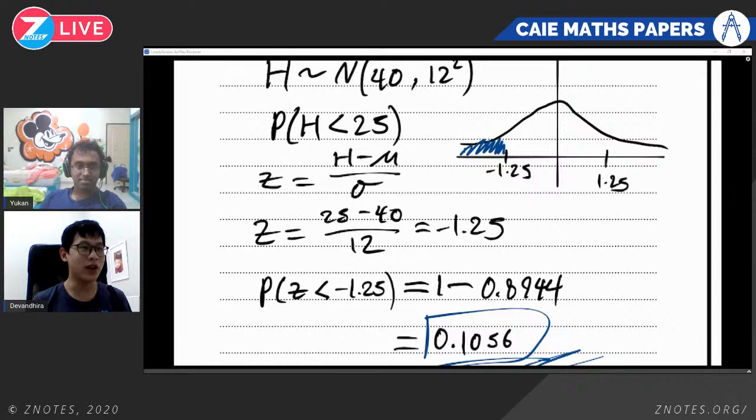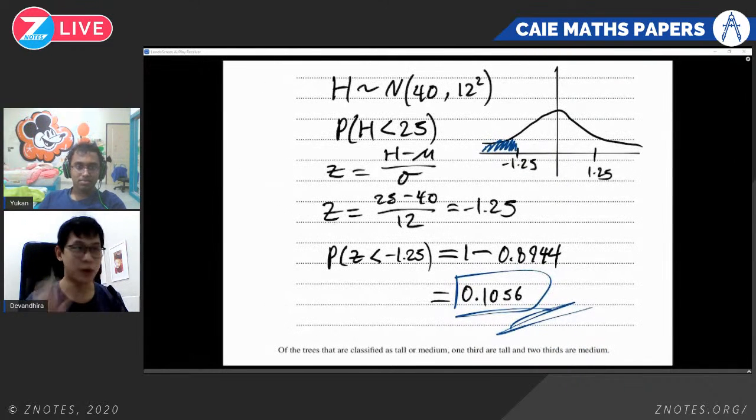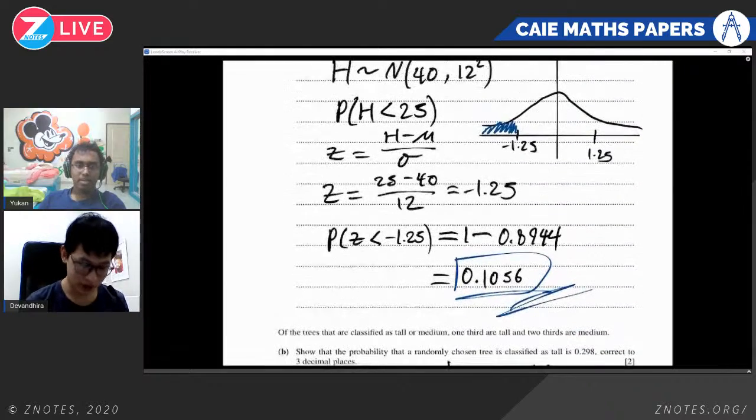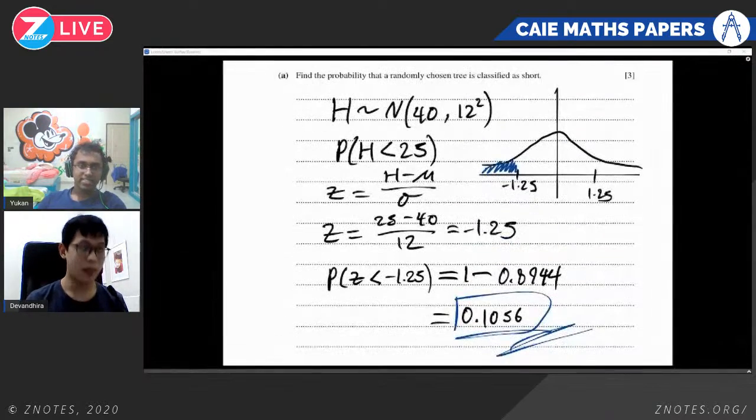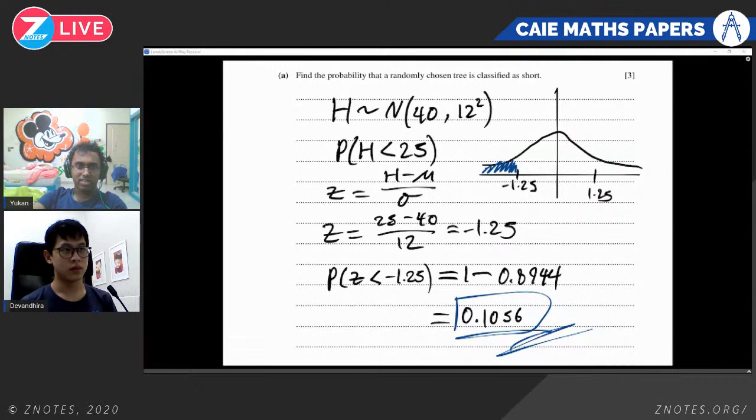It cannot be that small. So we just have to do 1 minus that. Just a small trick for you. Another way to visualize it is if the question says age less than 25 and 25 is less than the mean, your probability can definitely not be more than 0.5, or the other way around. You can play around with that and see how that makes sense to you.